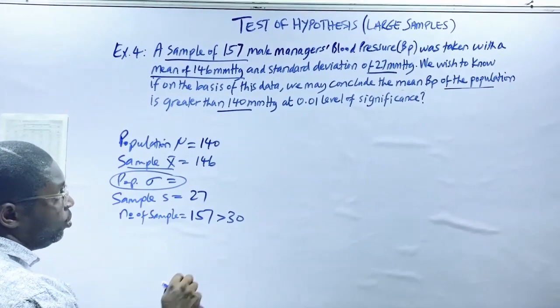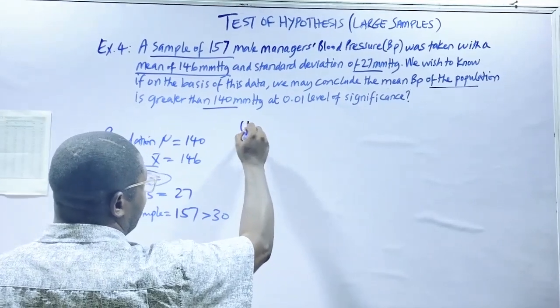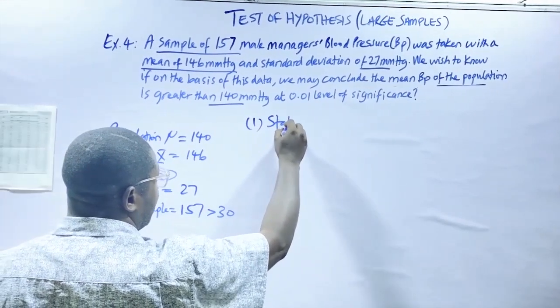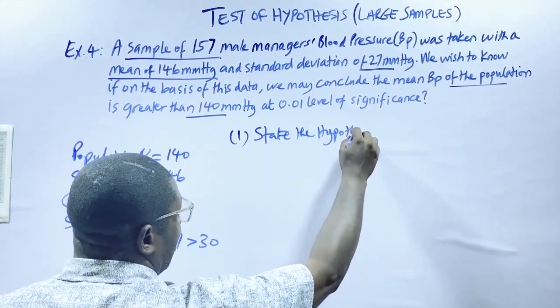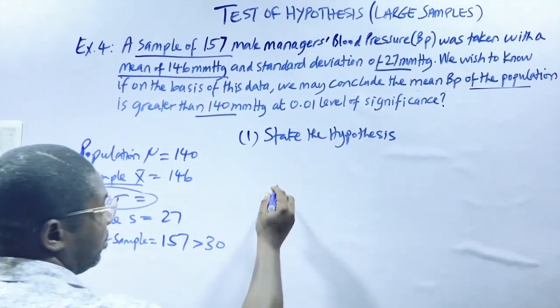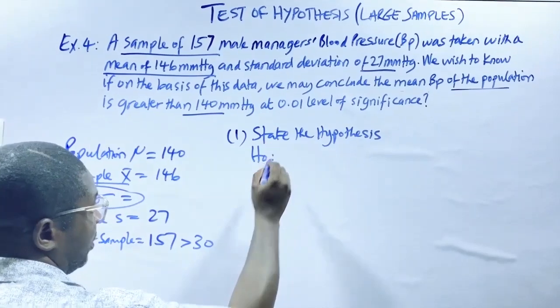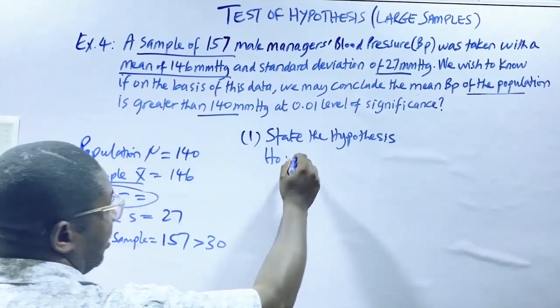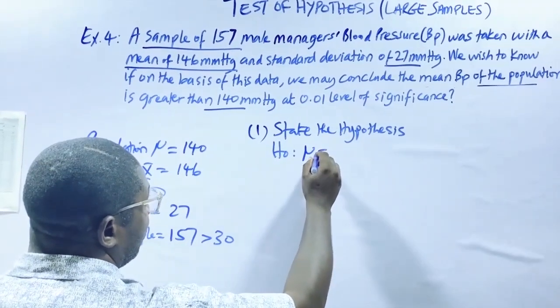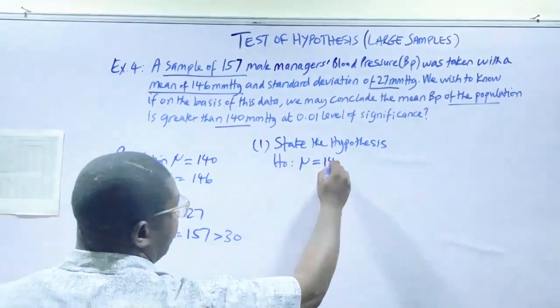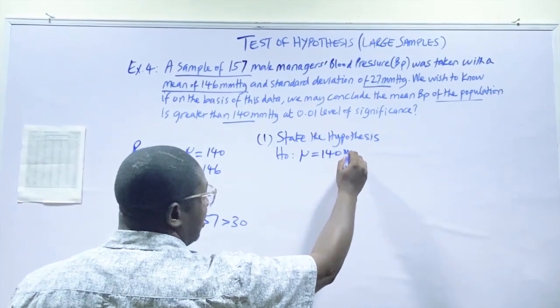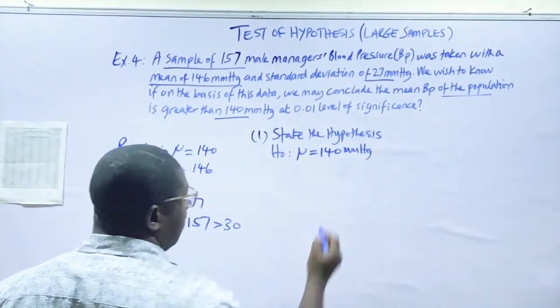Now let's answer this question very quickly. The first thing we do is to state the hypothesis. The null hypothesis is that the mean of the population is 140 millimeters of mercury.